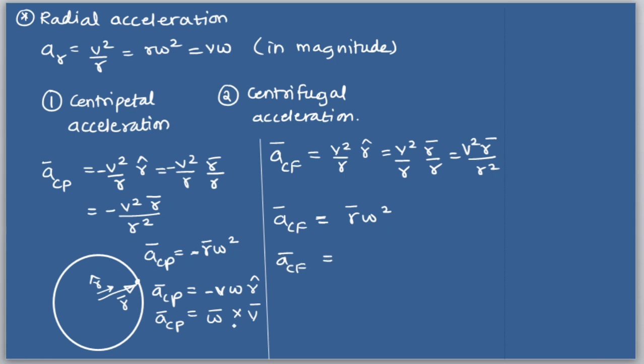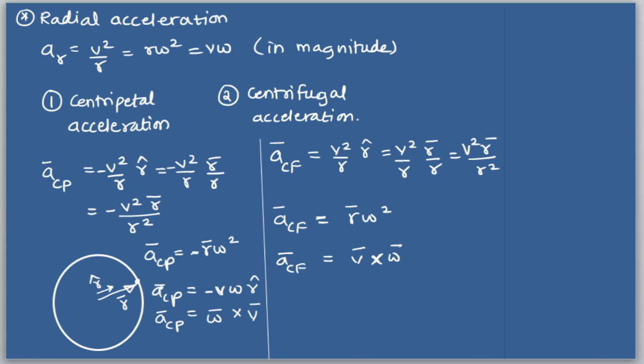So you have to reverse the sequence again, because centripetal acceleration is towards the center, and for that we have written omega bar cross v bar. So here that will be v bar cross omega bar. In this way you can write it. So these are the relations for the centripetal and the centrifugal acceleration. Just try to remember these magnitude relations; vector relations we can derive or write as per the need.